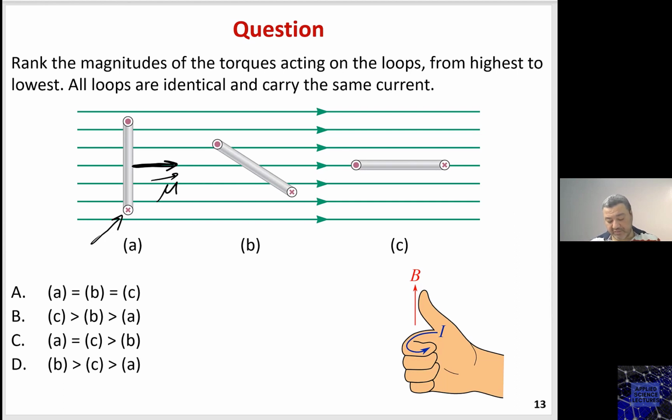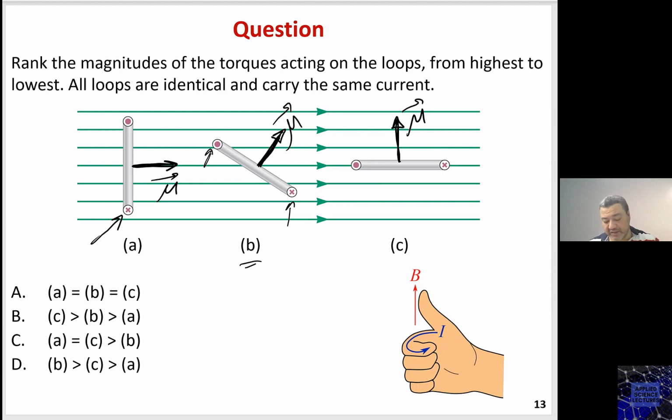For case B, I have the current entering from here, leaving from here, which means based on the right hand rule, I have the magnetic dipole moment that is perpendicular to the loop pointing in this direction. However, here I have the magnetic dipole moment pointing up this way. And if you remember, we said that we have a maximum torque when we have the loop parallel to the magnetic field.